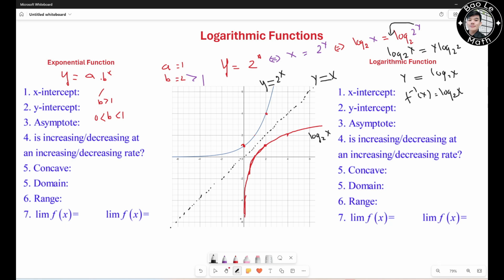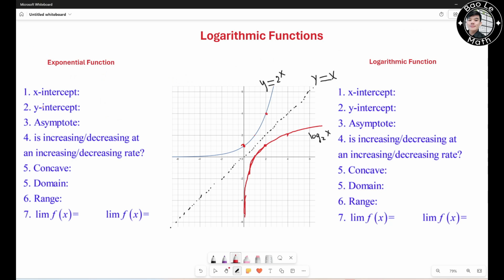Okay, so now we're gonna explore the end behavior and characteristics of these two functions. First, we need to find the x-intercept. The x-intercept of the exponential function is going to be none, because the exponential function never touches the x-axis. The x-intercept for the logarithmic function is going to be (1, 0).